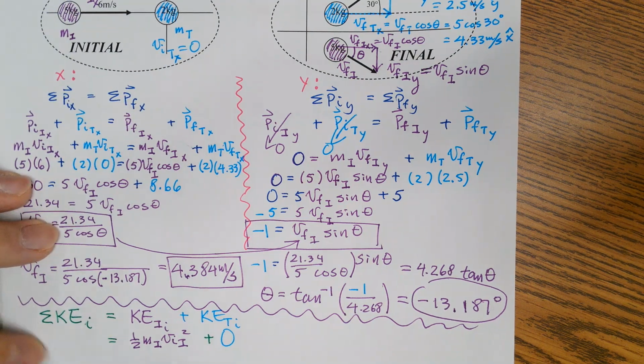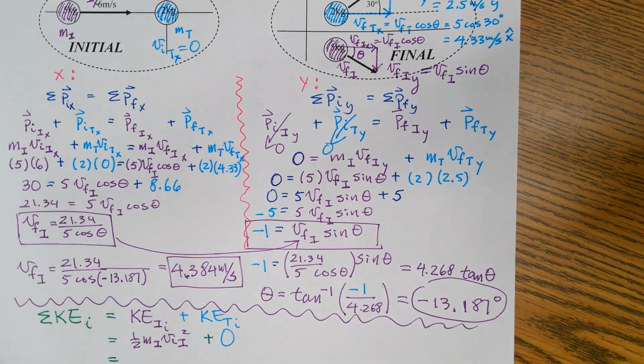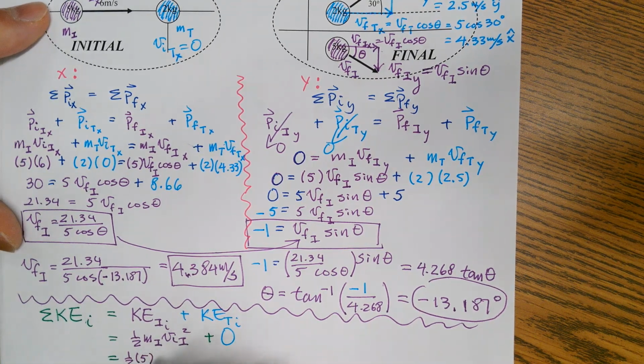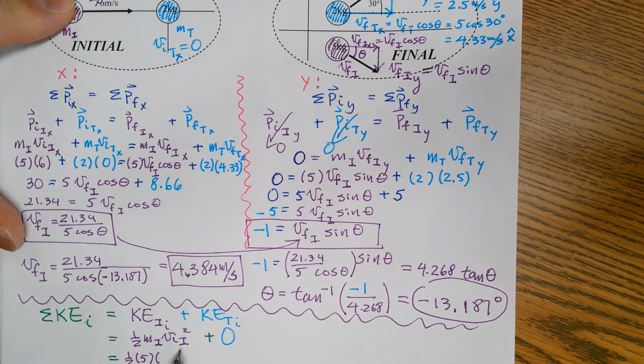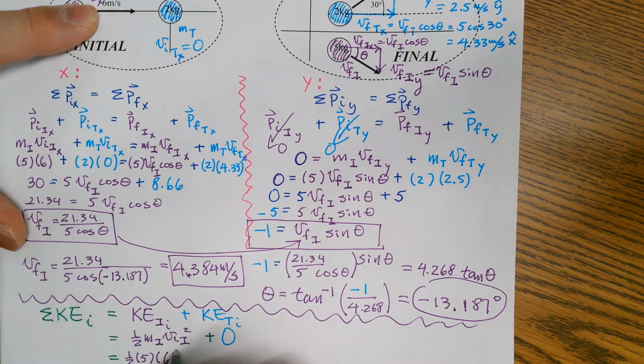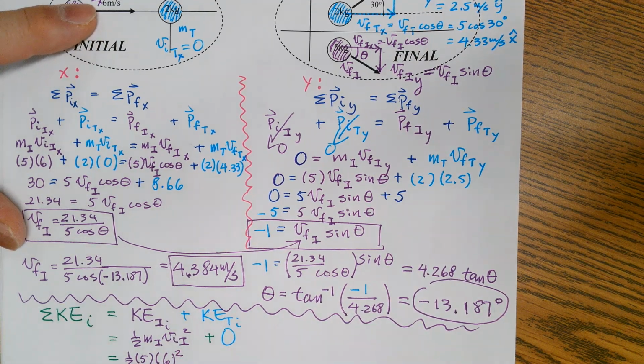So if we plug these values in, let's find the kinetic energy. 1/2 times mass incident, which is 5 kilograms, times initial velocity incident, which is 6, squared. So what does that come out to?